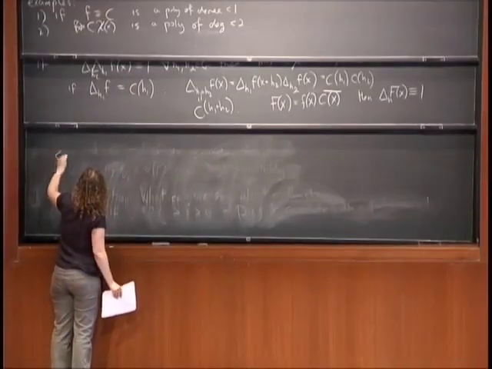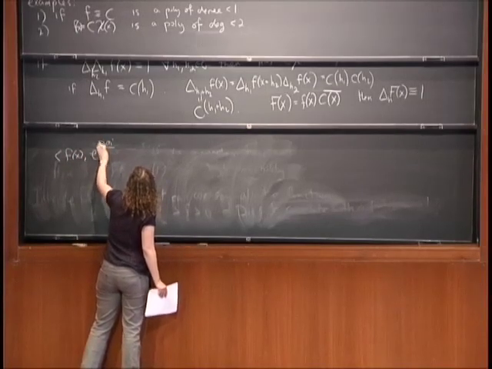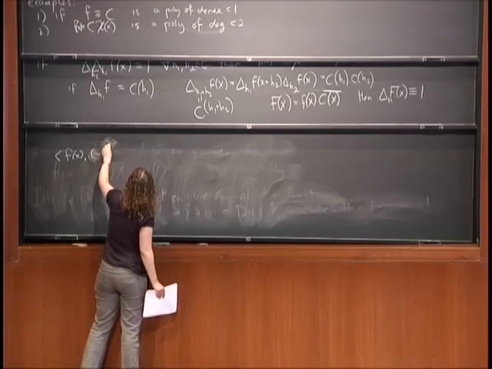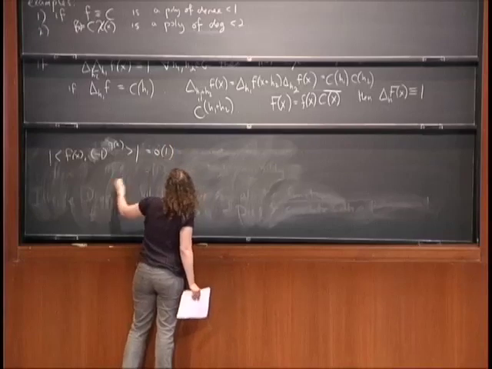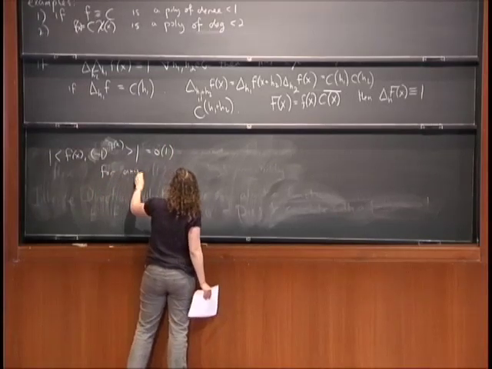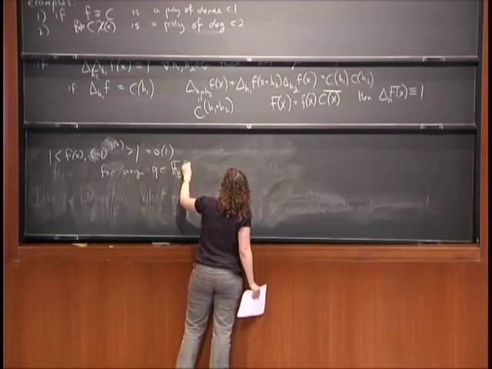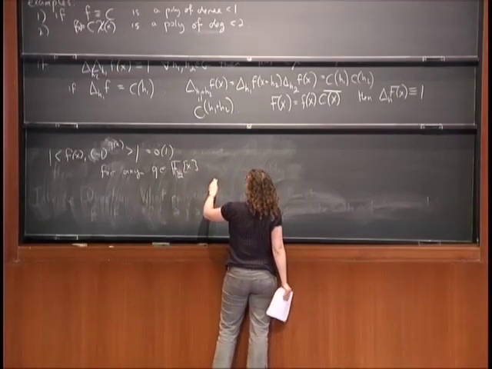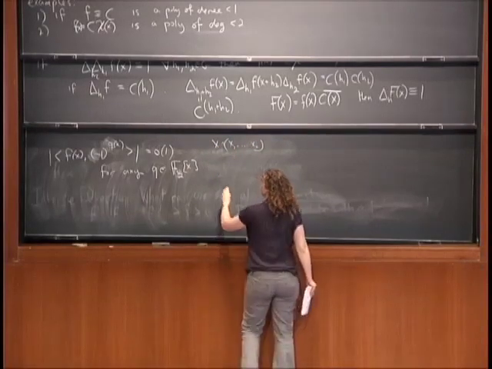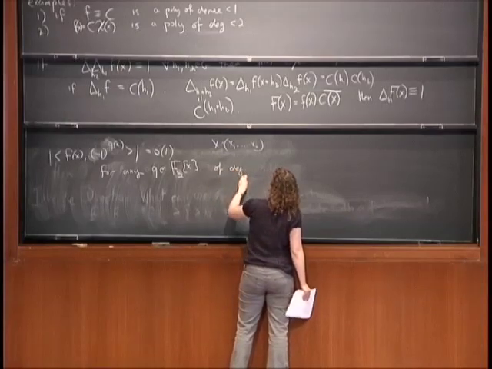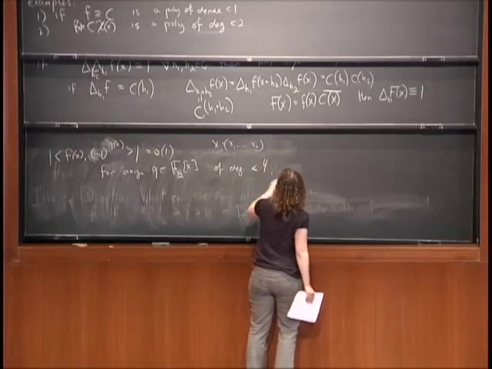So the expectation of f(x) times e^(2πi/2) or (-1)^(q(x)) is little o of 1 for any q in F2[x]. So remind you, x is x1 through xn, of degree smaller than 4.